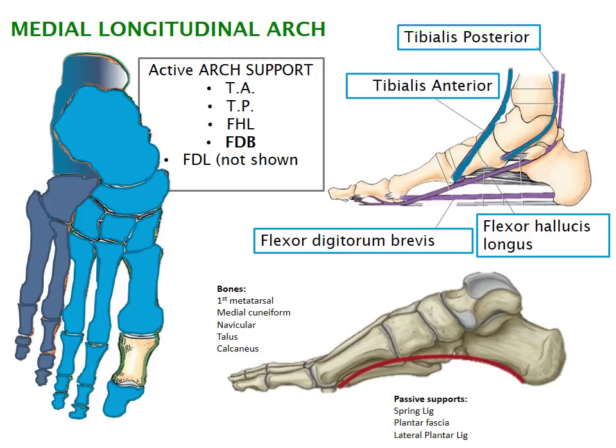These muscles include those listed here, the tibialis anterior and the tibialis posterior, the flexor hallucis longus, flexor digitorum brevis, and not shown the flexor digitorum longus. We will be going into much more detail with all of these muscles in another lecture.